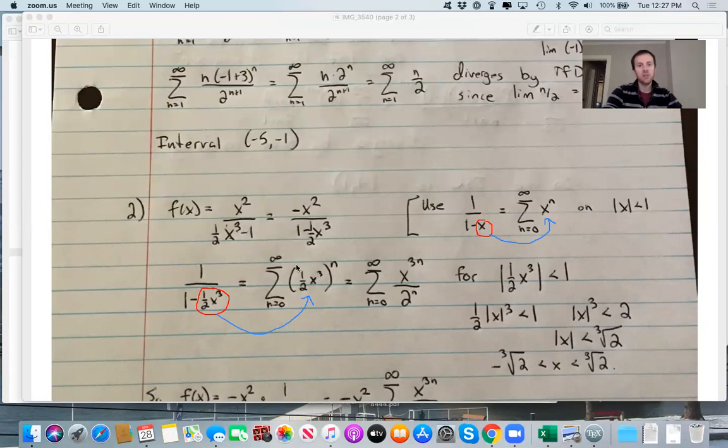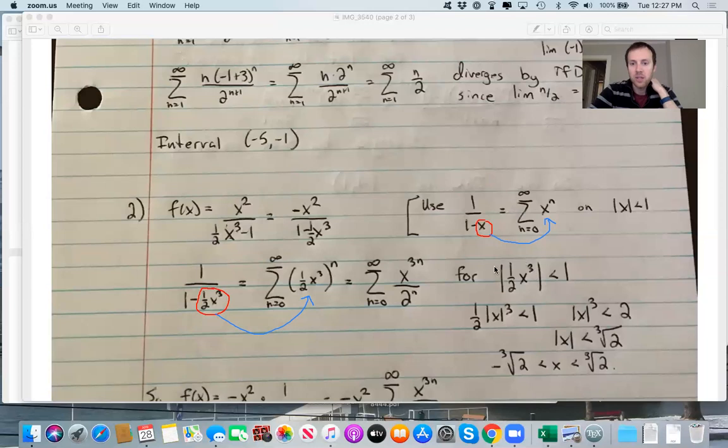We can still have the same form of a series as long as that something has absolute value less than 1. So that's what sets up the inequality to see where this series represents this function.